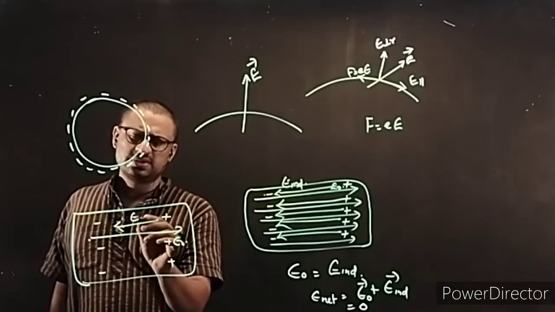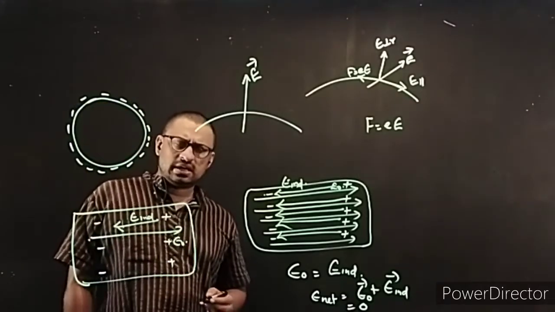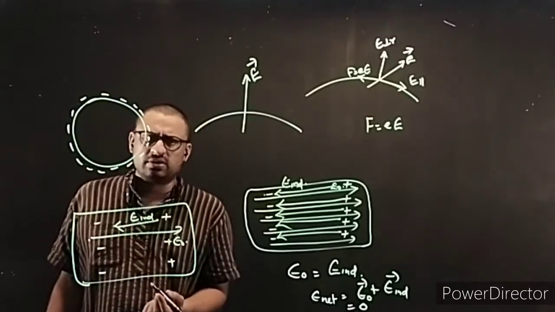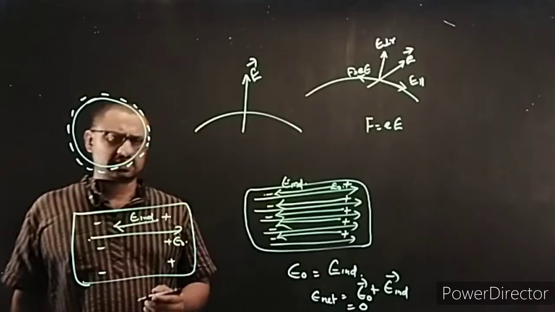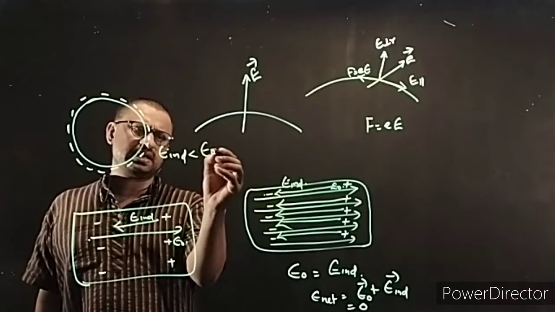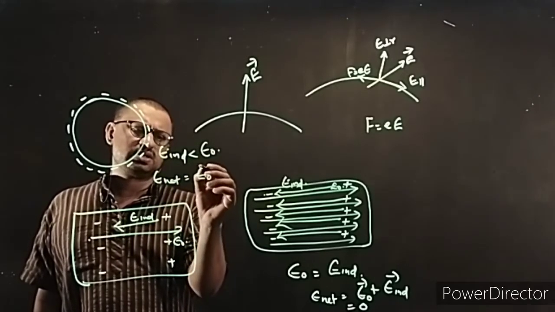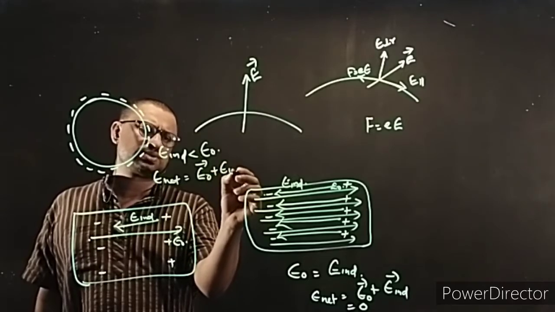Definitely there will be an induced electric field. It would be wrong if I said there is no induced electric field. But that induced electric field is less than the applied electric field, so the net electric field will be the vector E0 plus E induced.